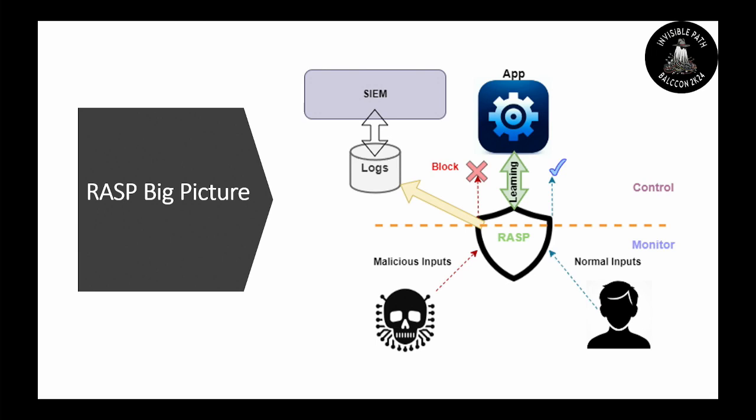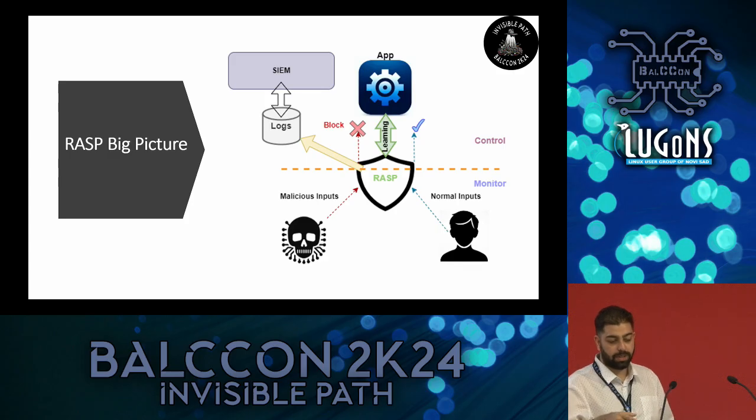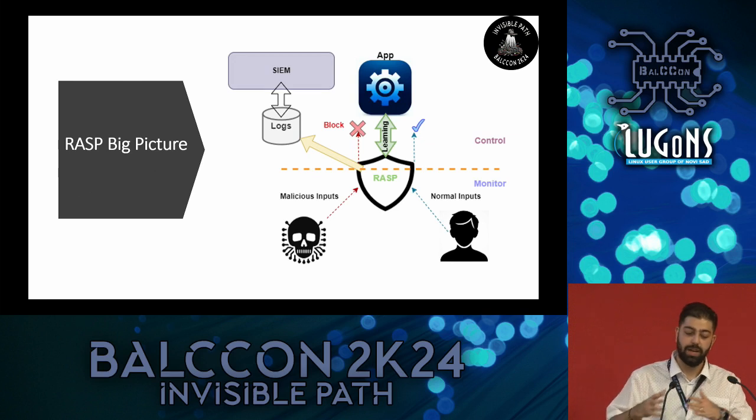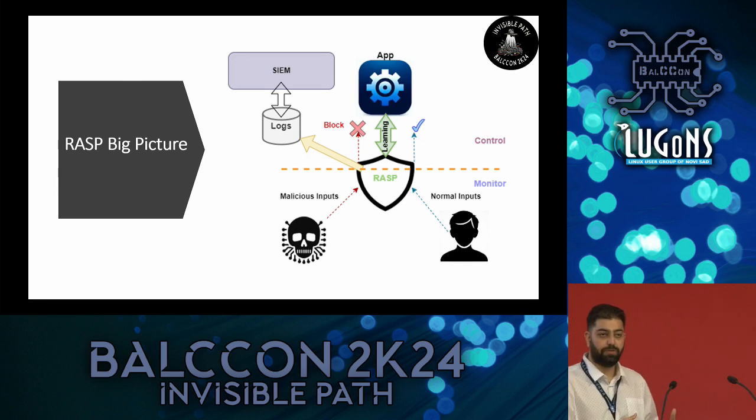Here is a big picture of RASP, just to make it simple for you guys. It can be in control mode or even in monitor mode. I will discuss that a little bit in this presentation. You can see that we have normal inputs from legitimate users, and also malicious inputs from outsiders, attackers, and some malicious entities.